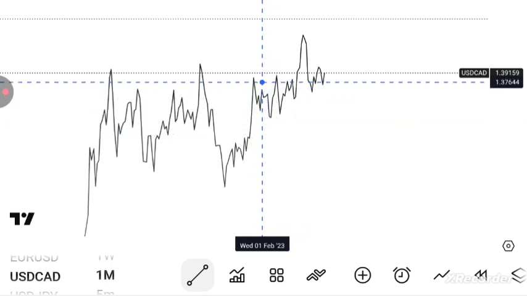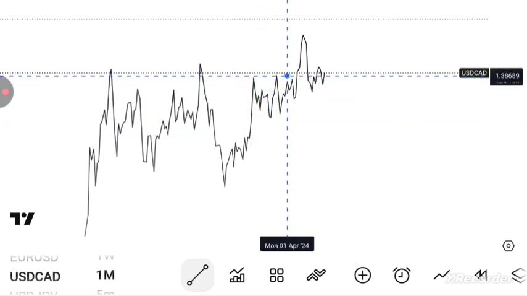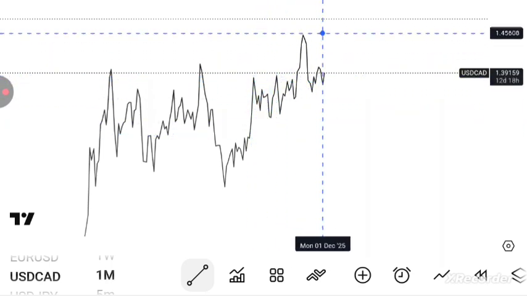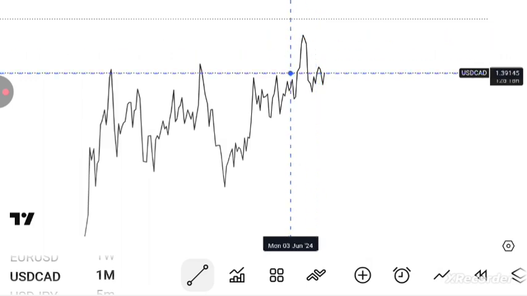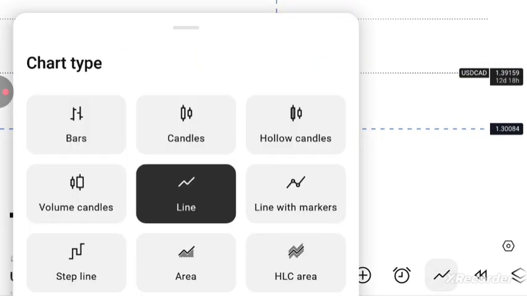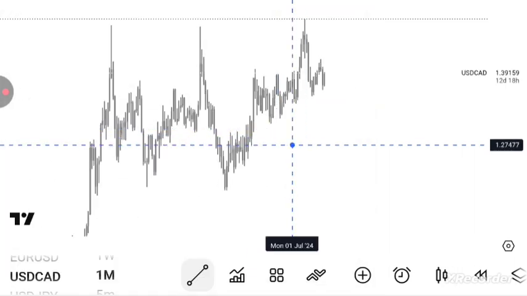USDCAD broke this high, then possibly we might be expecting it to break this other high. So that is what USDCAD is currently doing. It's currently bullish. This is our basic understanding now.